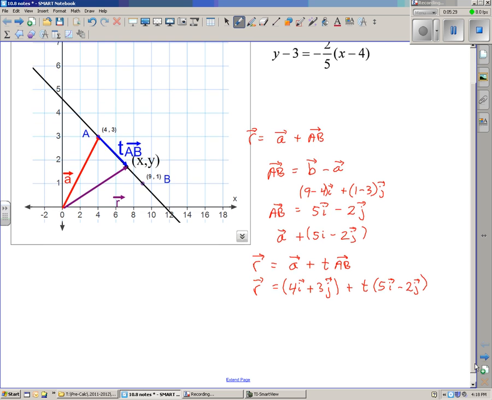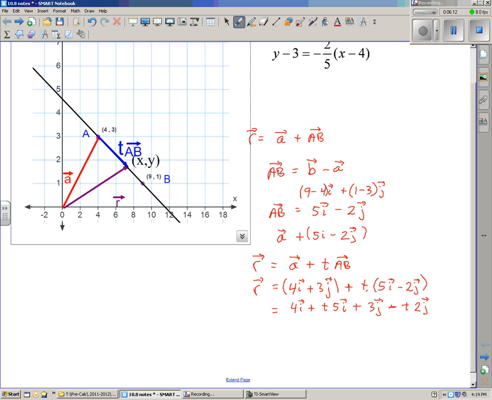So let's rewrite this as 4i plus t times 5i, I'm just combining terms now, plus 3j minus t times 2j.